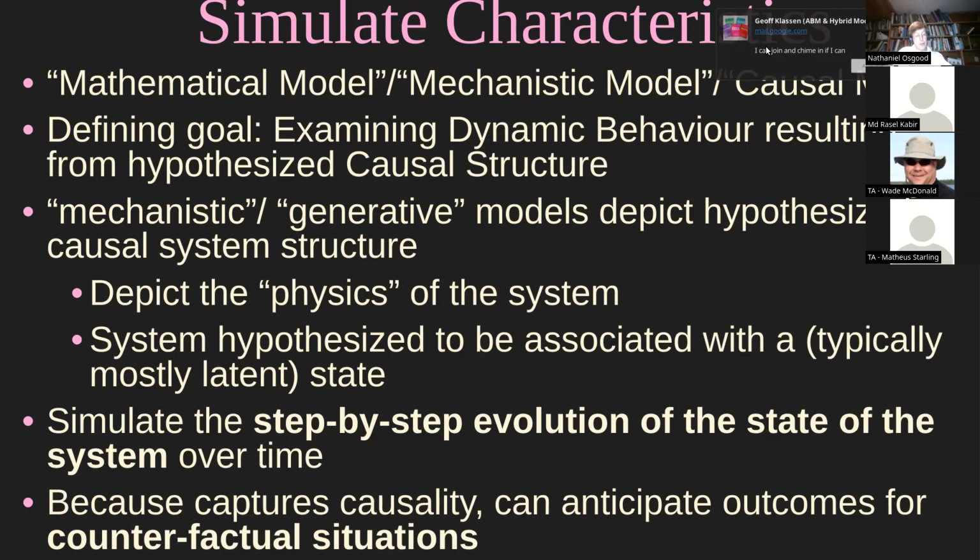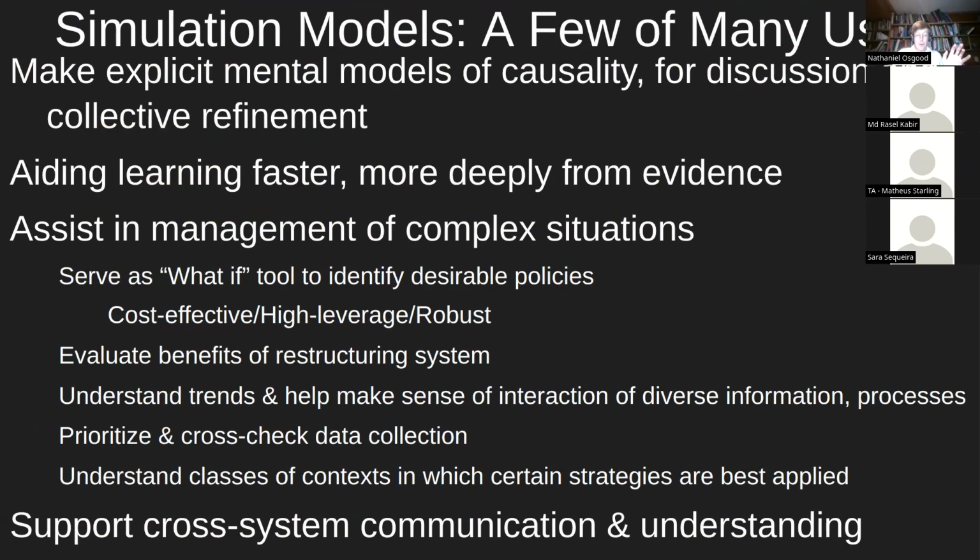And machine learning and statistical models are generally contingent upon that data generating process remaining the same. Here, in simulation, because we are characterizing the posited causal structure, we are able to ask counterfactuals, what-if questions, like going off-road, right?